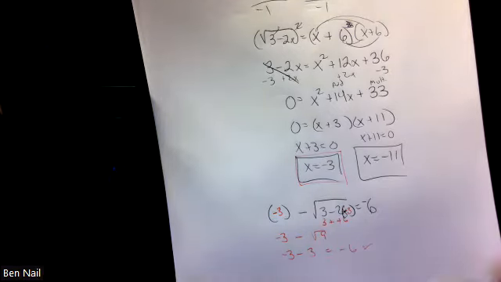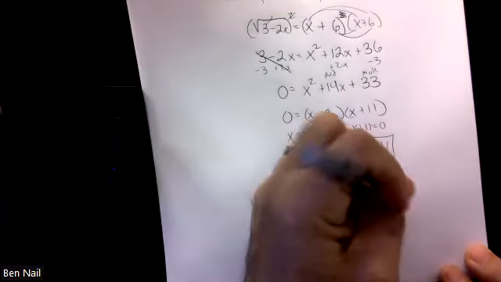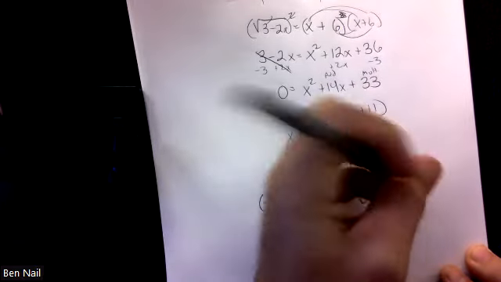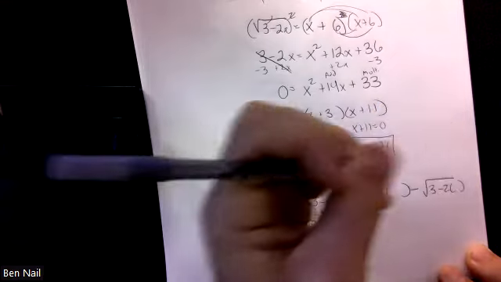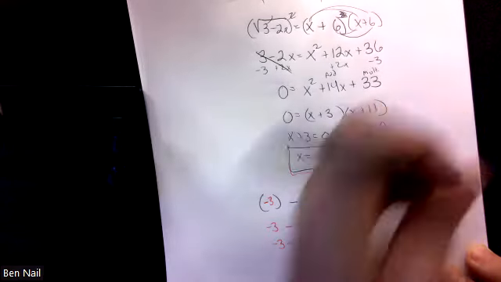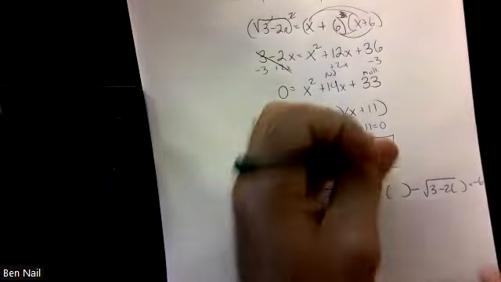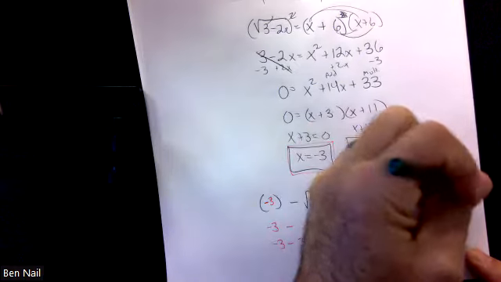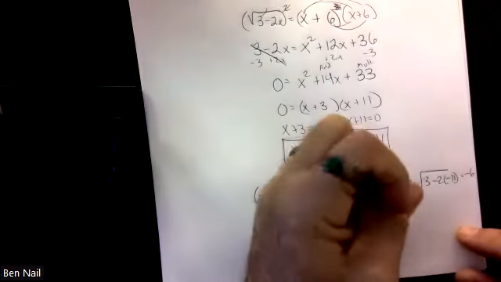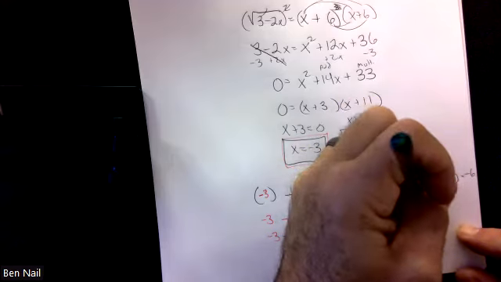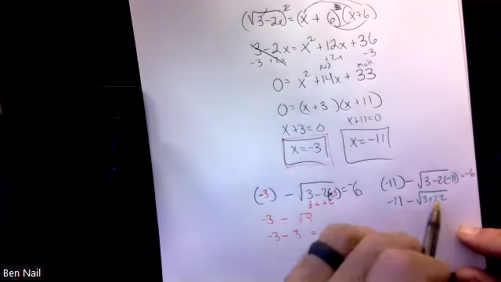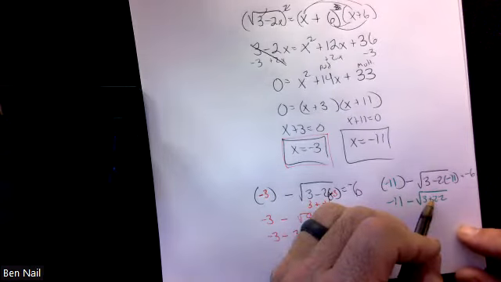Okay, we're going to try the same thing with the -11. So x minus the square root of 3 minus 2 times -11 should also equal -6. If I plug that -11 in, -2 times -11 is positive 22. 22 plus 3 is 25.